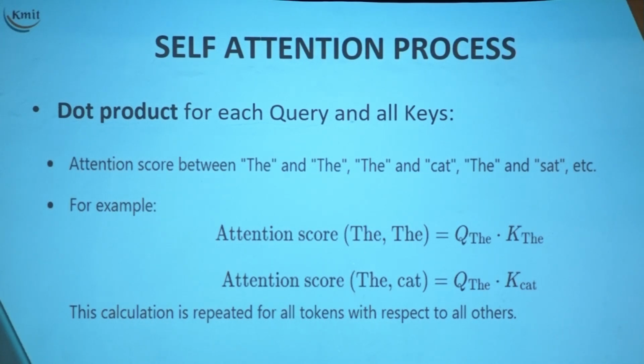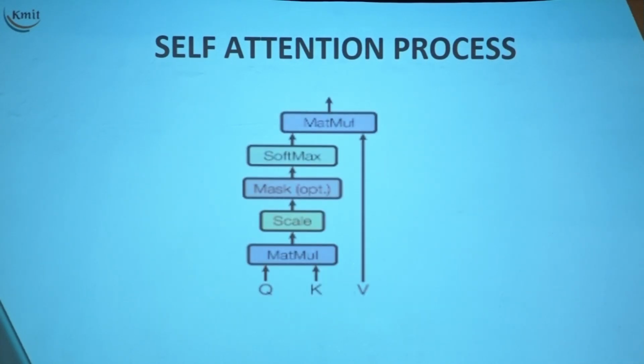Like this, all of the attention scores will be calculated, taking Q and K, trying to scale it by dividing by square root of dk, and then getting attention scores, getting the probability out of it by using softmax function, multiplying it with value to get your final context vector.